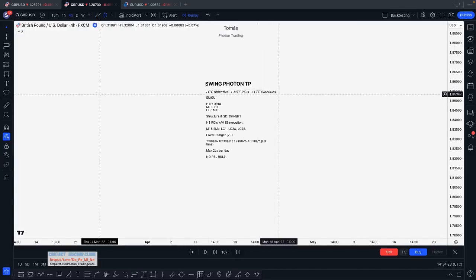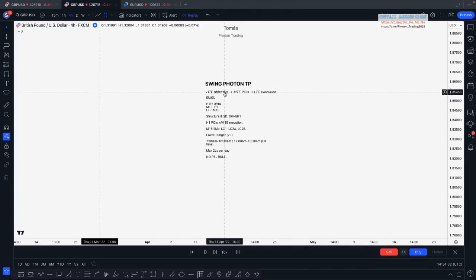I know this can be very simple, but I guarantee that a lot of losses came from trying to play lower time frame objectives. Okay, I'm always having the higher time frames at the forefront of my mind. I'm always with my H4 time frame open, to see what's happening.